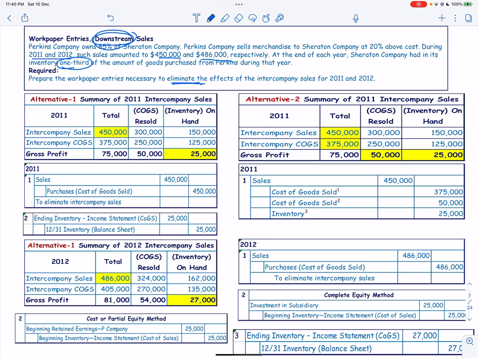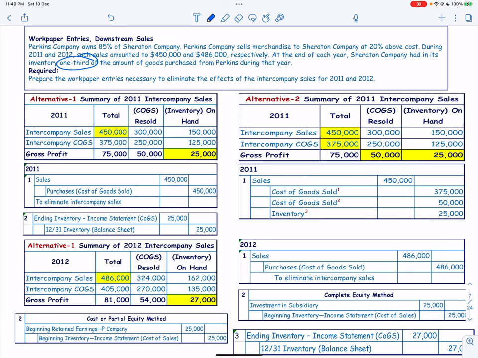So we can see that Sheraton Company has in its inventory one third of the amount of goods purchased from Perkin during that year.